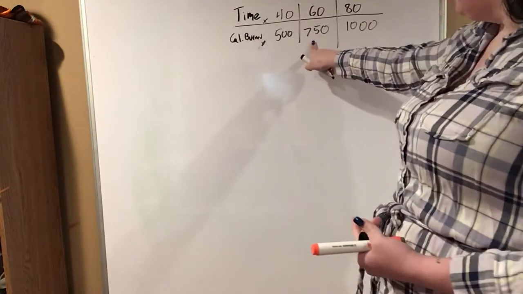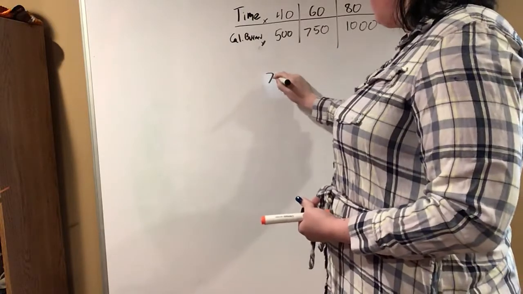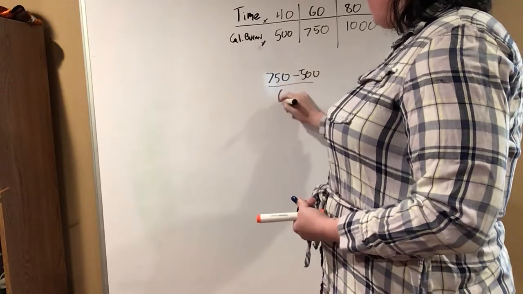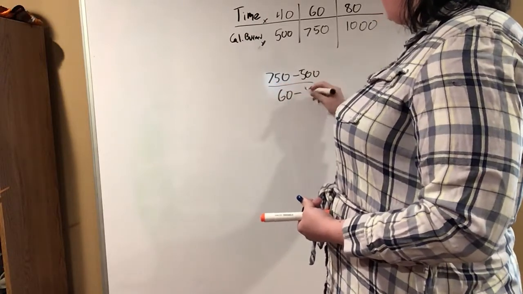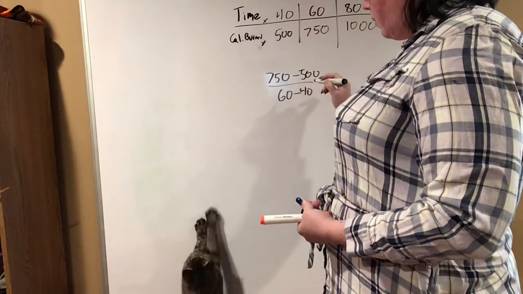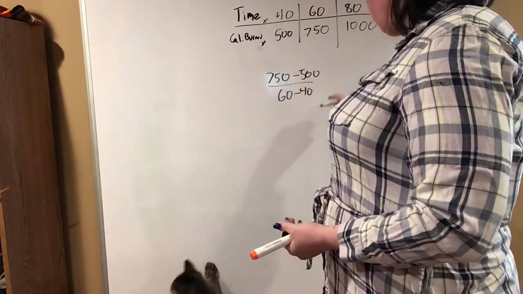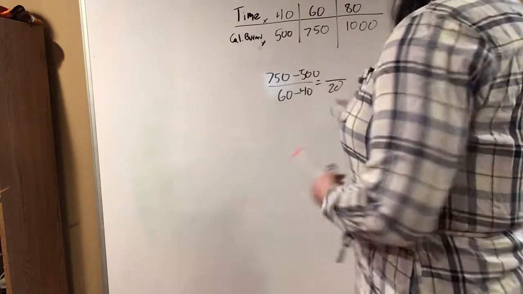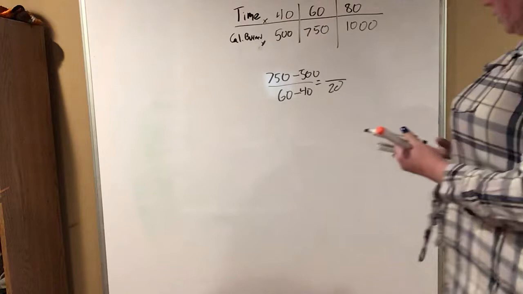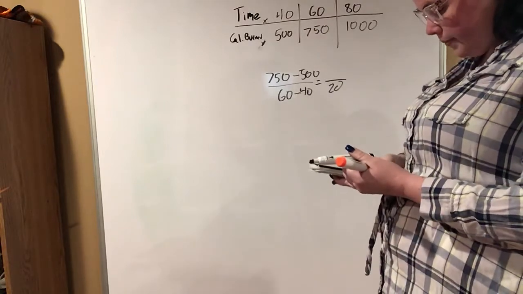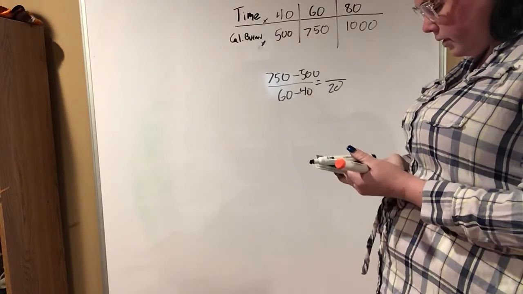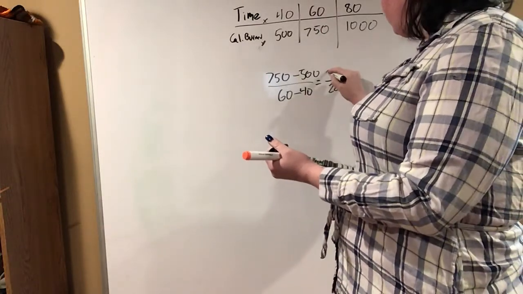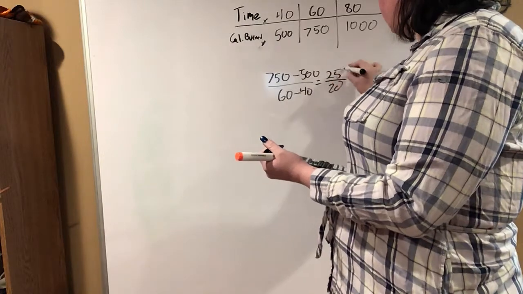So change in y over the change in x is super quick. What I'm going to do is 750 minus 500, and 60 minus 40. I know that 60 minus 40 equals 20. And 750 minus 500 is 250.